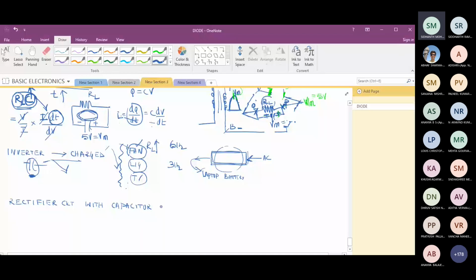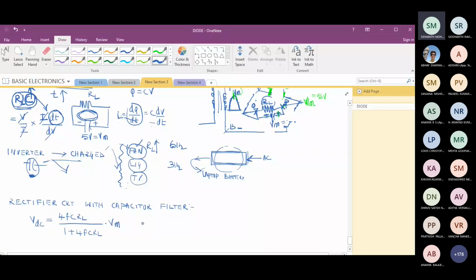If you ask me what is VDC of this, the derivation is not there in your syllabus. Straight away, I will write the expression. VDC of this is 4FCRL divided by 1 plus 4FCRL, into the peak value VM.